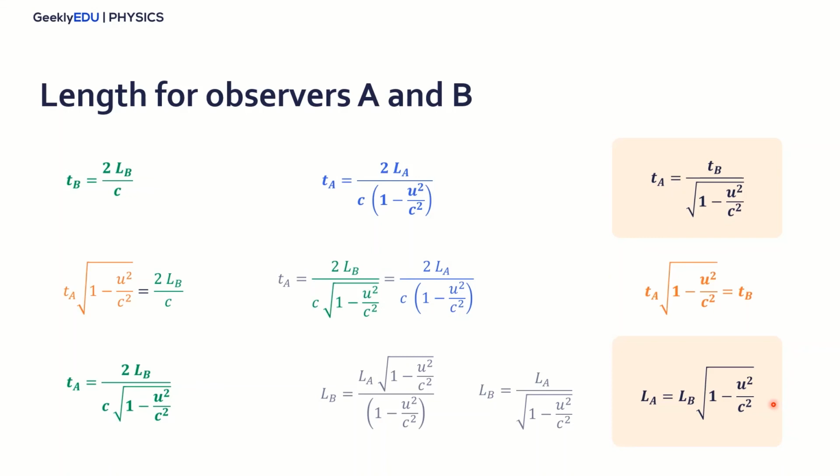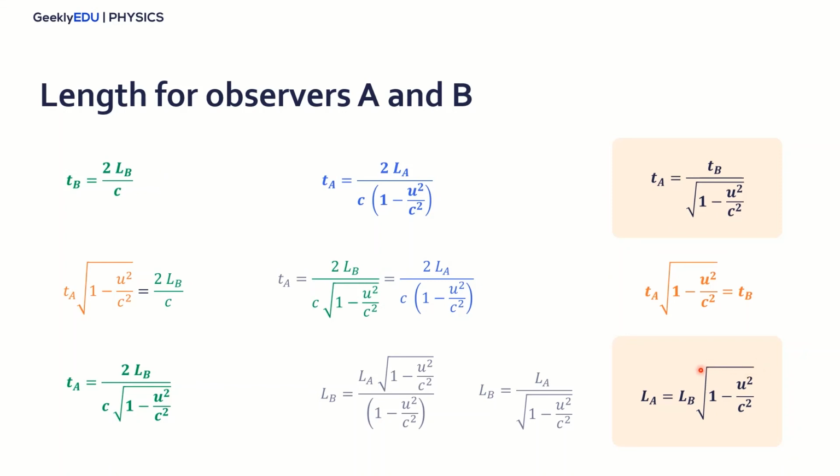So see how length is different depending on the observer, depending on the reference frame you are in. You can see that when the car approaches the speed of light, u squared over c squared becomes closer to 1. So this part inside the square root is actually less than 1, and the square root of a number that's less than 1 is another number that's less than 1 also.